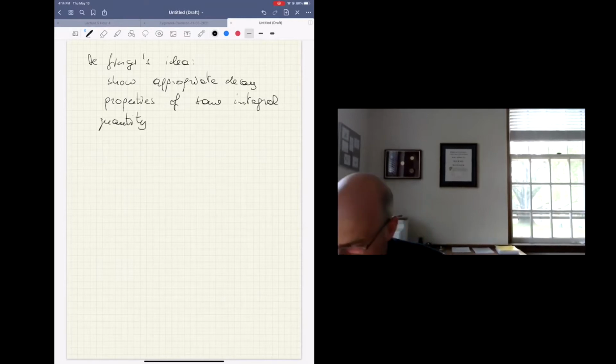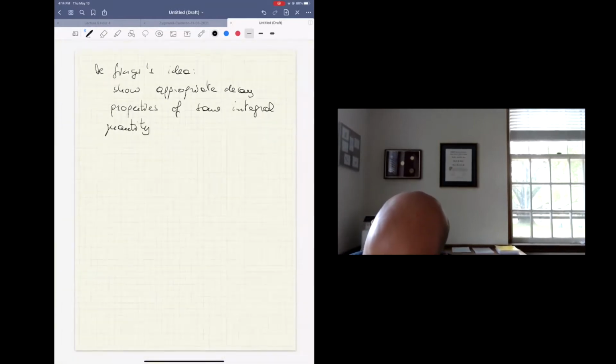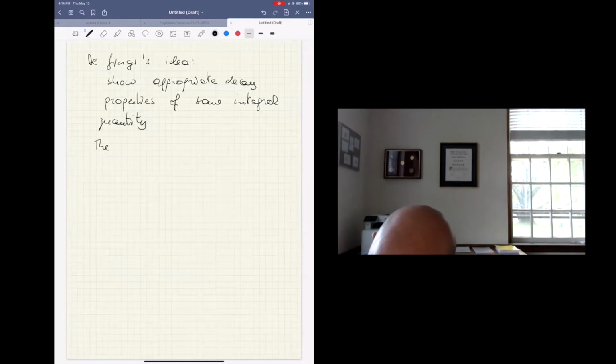And just to give you an idea of what this integral quantity is, the quantity that looks natural to look at is what is called the excess. There are other quantities that you can look at, but the quantity that he looks at in his original paper is called the excess.